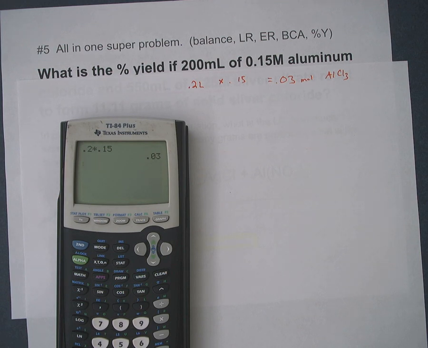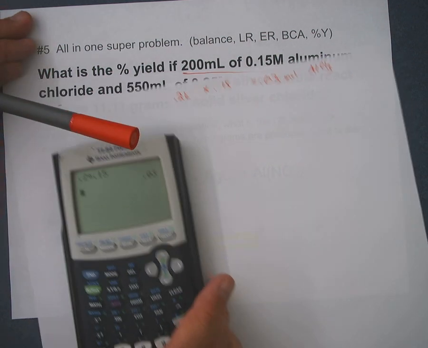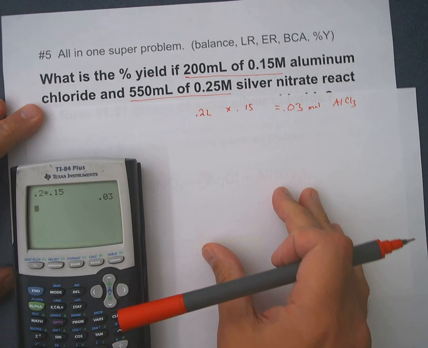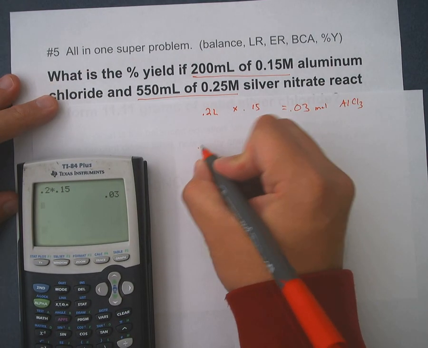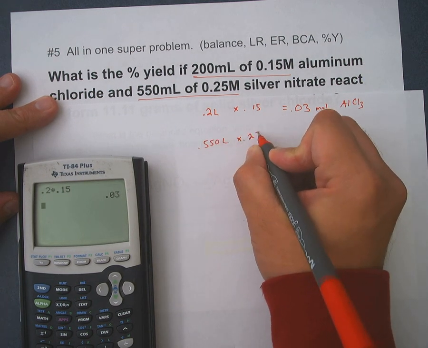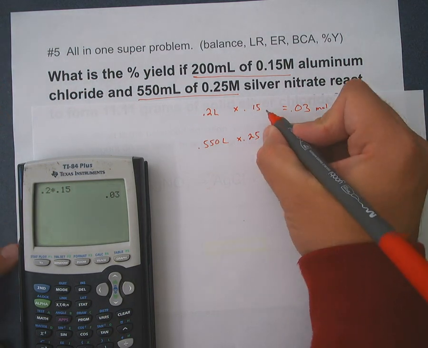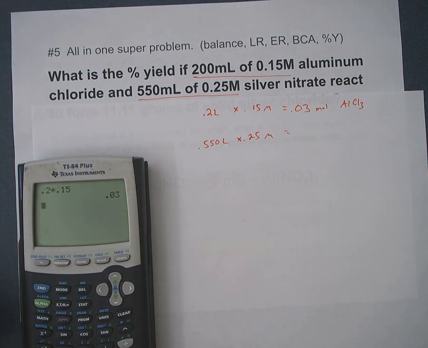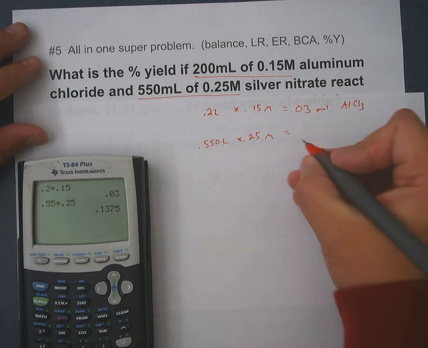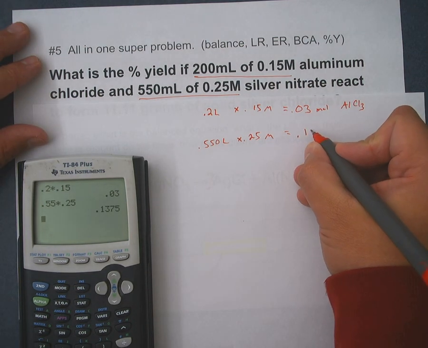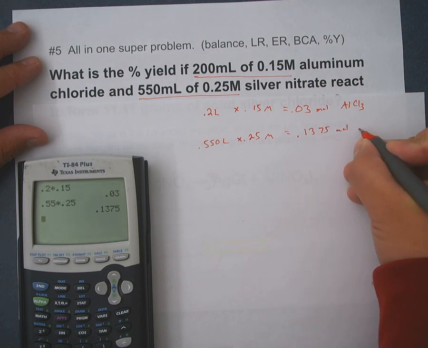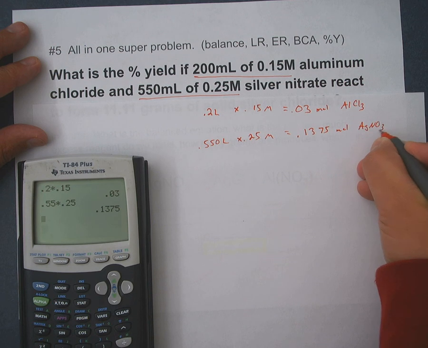And now I'm going to do the same thing, but with the second piece of information. I know 550 milliliters, if I count the staircase 3-step, that's this many liters, times 0.25 molarity. I probably should have put an M for molarity here. So 0.55 times 0.25 equals 0.1375 moles of AgNO3.